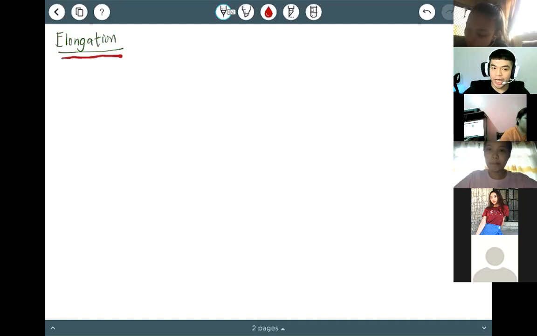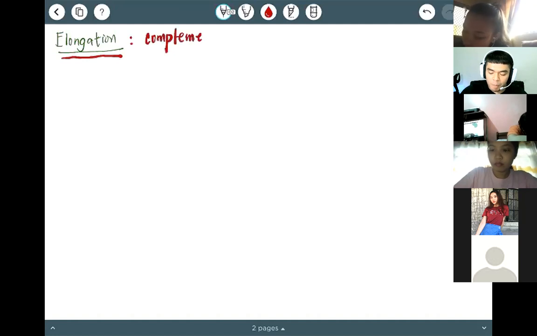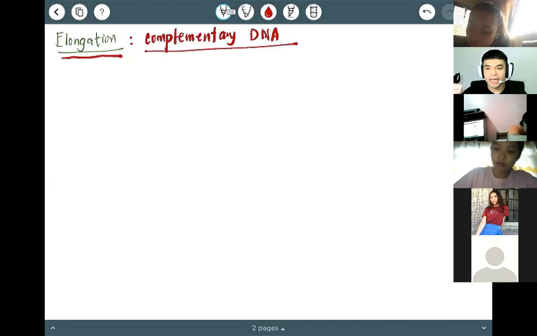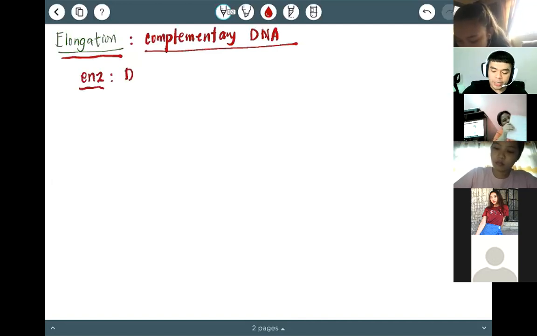As the term suggests, in elongation process, dito natin makikita na yung complementary strand ay mapoproduce na, mapapahaba na siya. Dito na natin makikita ang formation ng complementary DNA strand. At ang enzyme responsible for that is called the DNA polymerase.